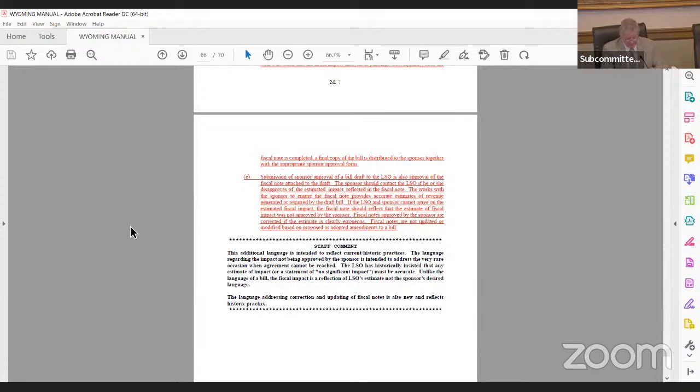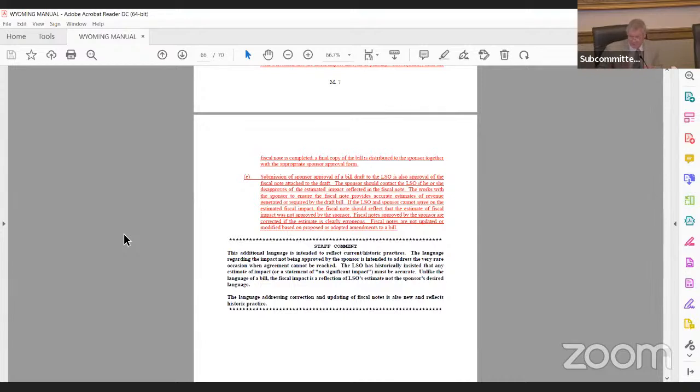Again, Mr. Chairman, you are elevating precedent and practice to a manual and really codifying, by the legislative adoption of the bodies of this, that practice. And the truth of the matter is what it does, in my view, is provide LSO a little bit of protection when you have those instances where a legislator is just insistent that this is what they want because it's their bill and they want their bill to say that.